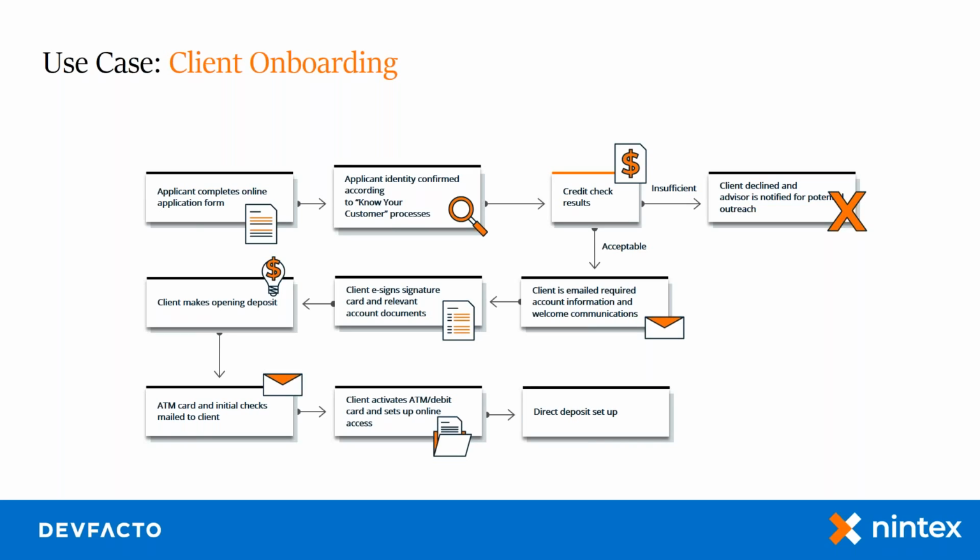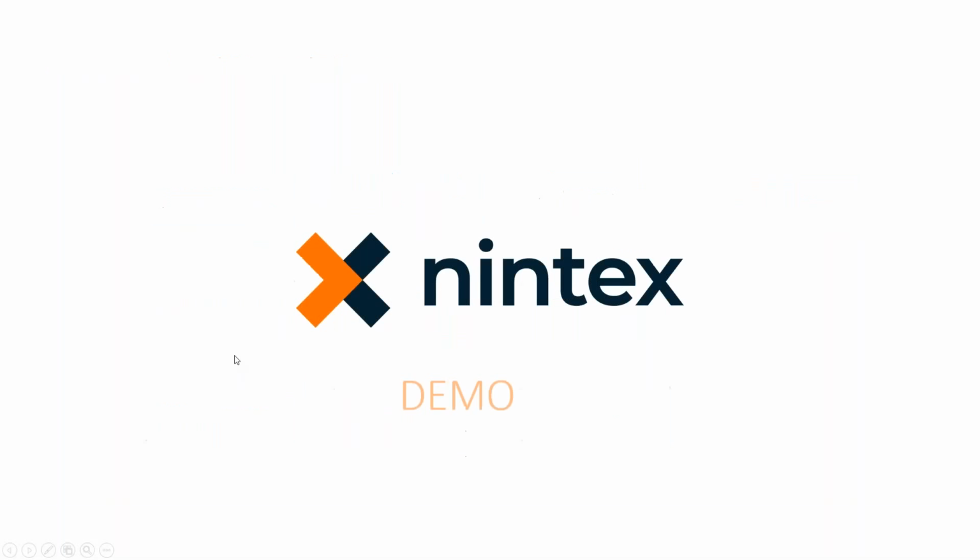A digital signature is collected. The client then makes an opening deposit into her account, and then the ATM cards and some initial checks are mailed to the client. The client then activates their ATM and debit card, and their direct deposit is set up.